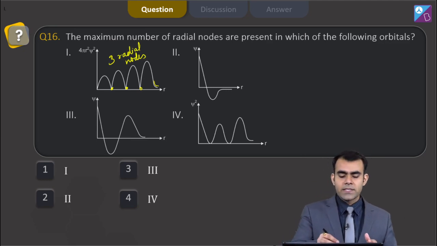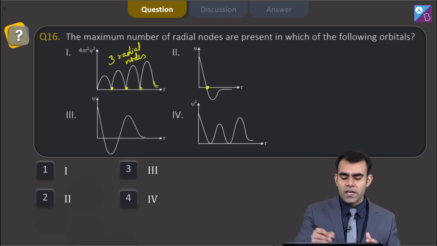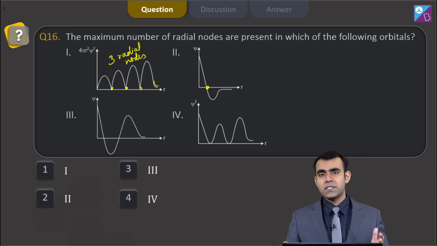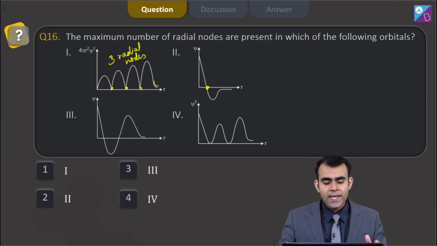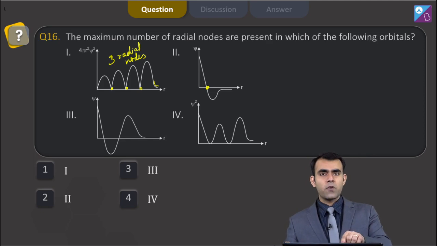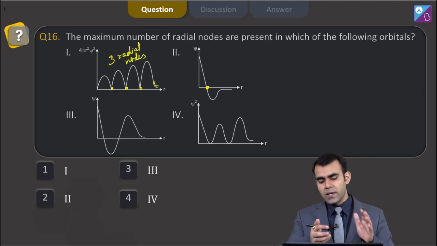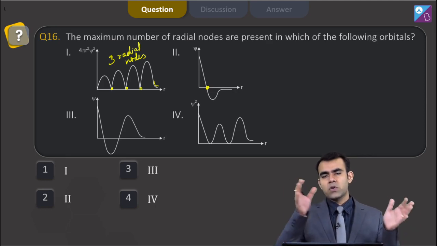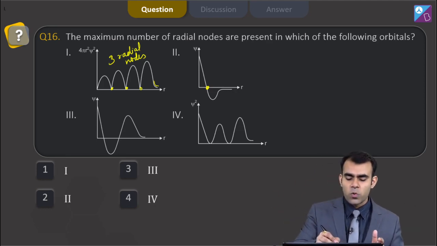Similarly, in the second case you can see that there is this node. If somebody asks you which is this orbital, this is basically 2s, because this is for my s orbital, the graph is coming from upside and there is one node. In 1s we know there is no radial node, but this is 2s and the number of radial node is 1.